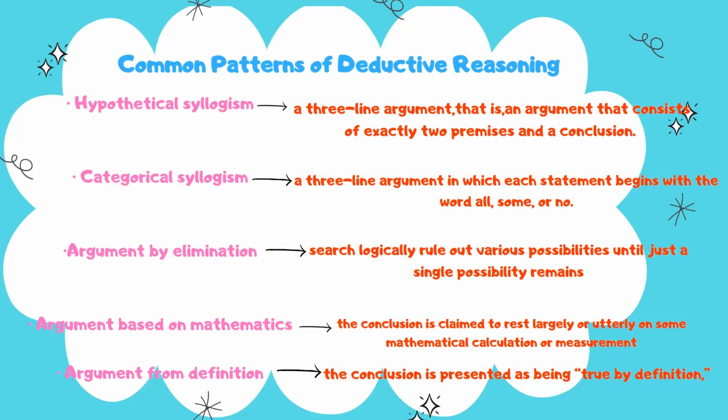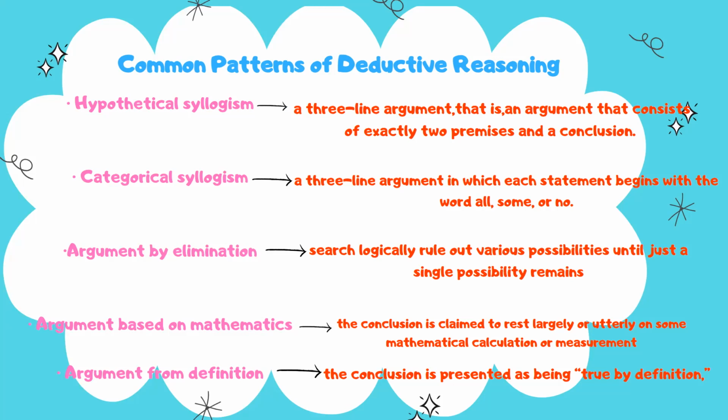The second one is categorical syllogism, a three-line argument in which each statement begins with the word all, some, or no. An example: all oaks are trees, all trees are plants, so all oaks are plants.